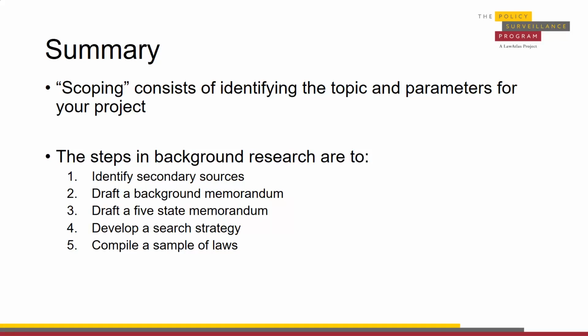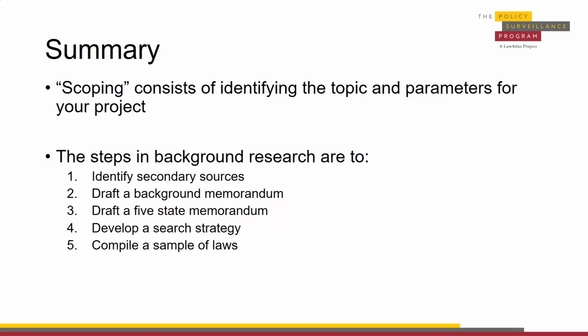So these first 10 jurisdictions in these policy memos will also become the first 10 jurisdictions for our collection and coding. So it's important to either decide them randomly, or you can choose jurisdictions based on your background memorandum that really represent what you're understanding at this time of the variations in the law across jurisdiction.